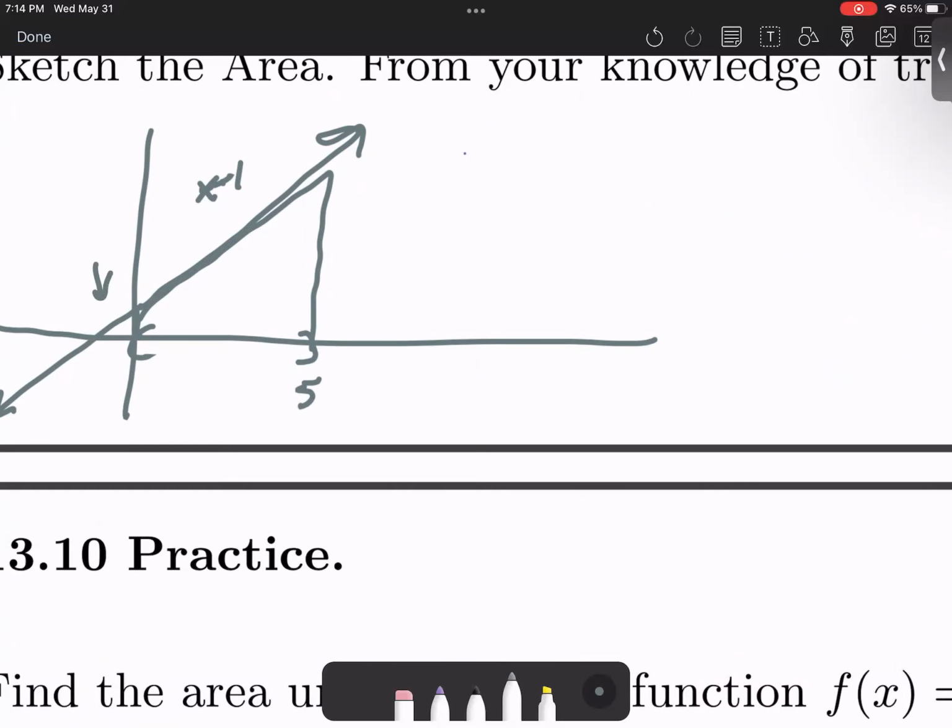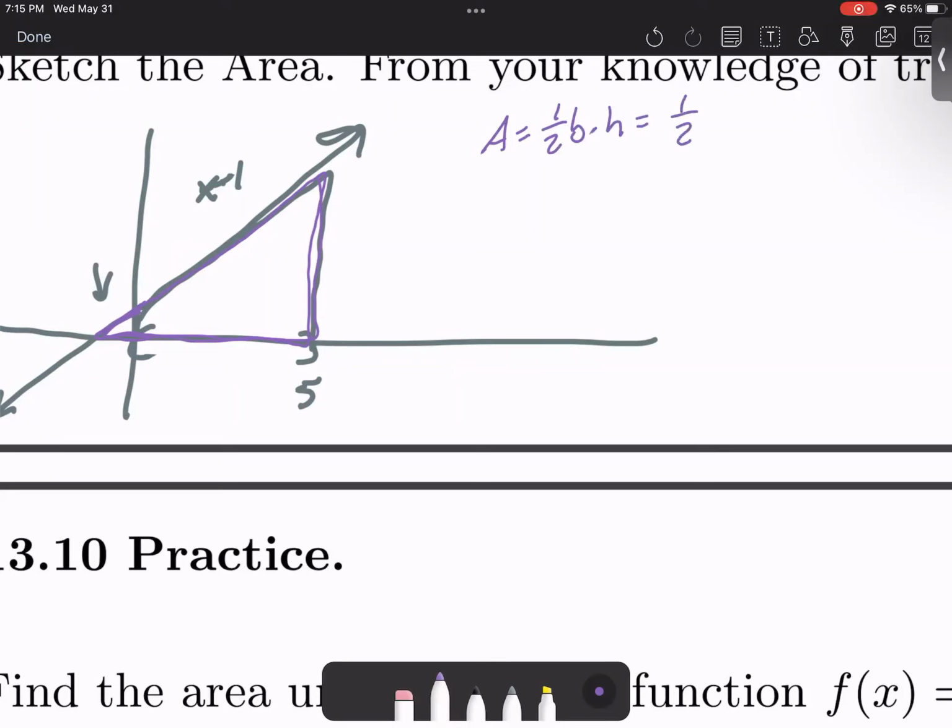So let's find the area of the big triangle. We know that the area of the big triangle, let me do this in purple then. Area of a triangle is 1/2 base times height.